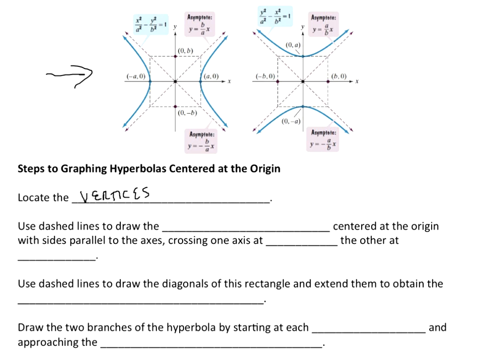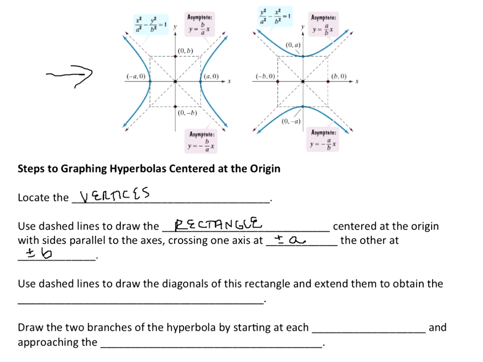Okay, so you're going to locate the vertices first. You're going to use dashed lines to draw the rectangle centered at the origin with sides parallel to the axes, crossing one axis at positive and negative a, and the other axis at positive and negative b.